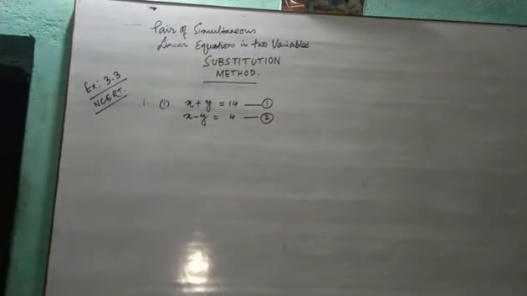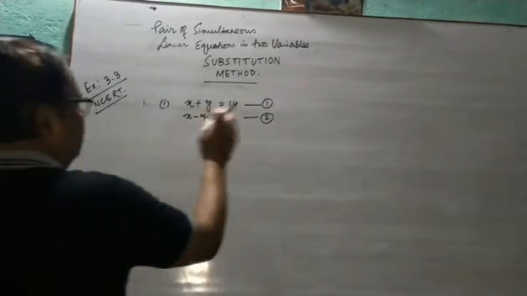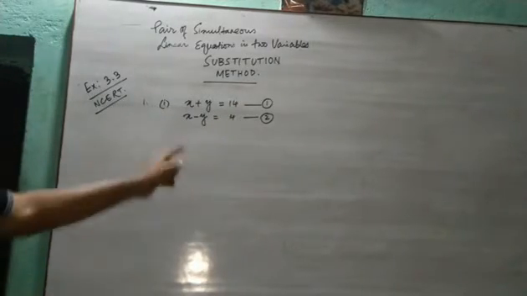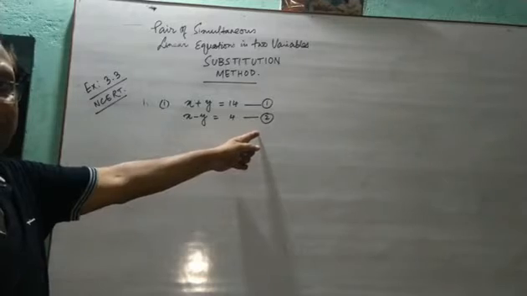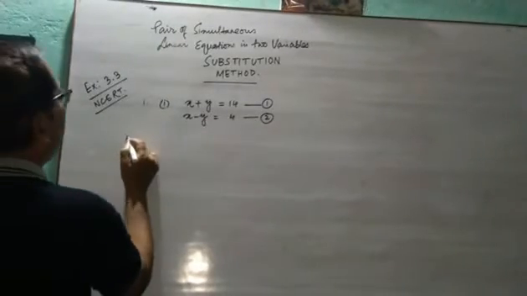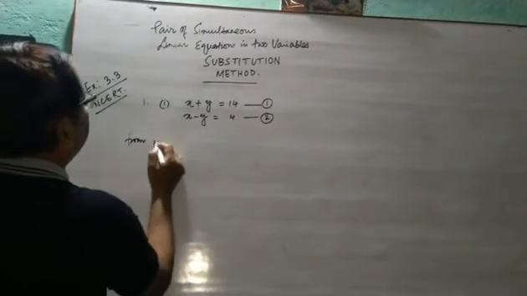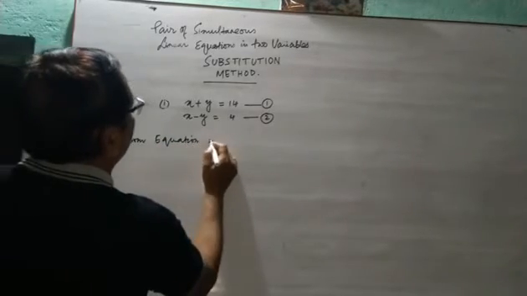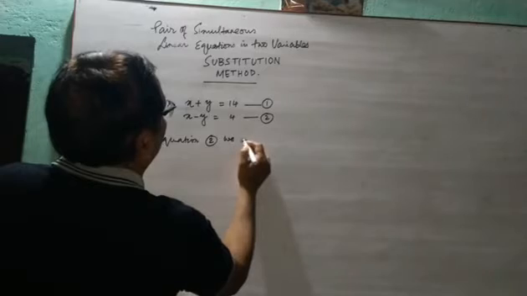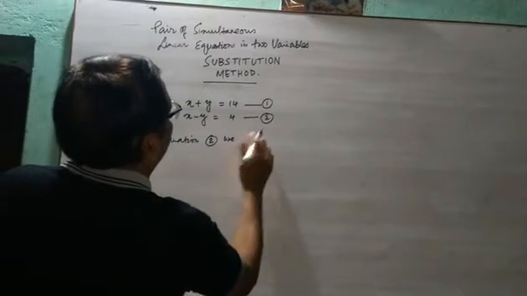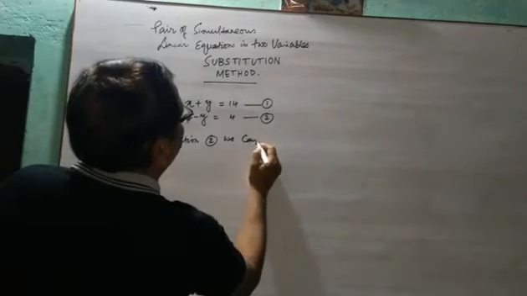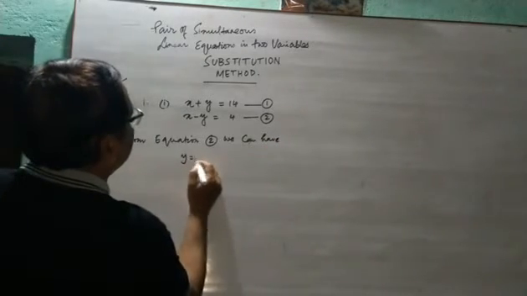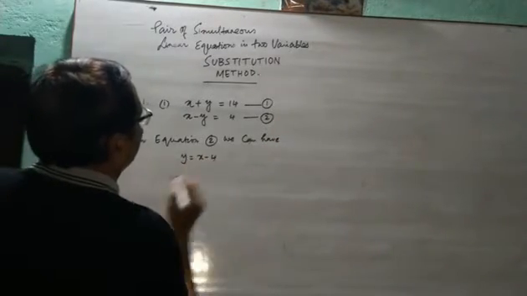So, what I mean to say, this is equation number 1, x plus y equals 14, and x minus y equals 4 is the second equation. From equation 2, we can have y equals x minus 4.